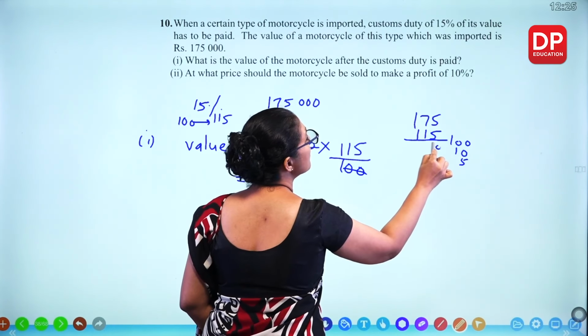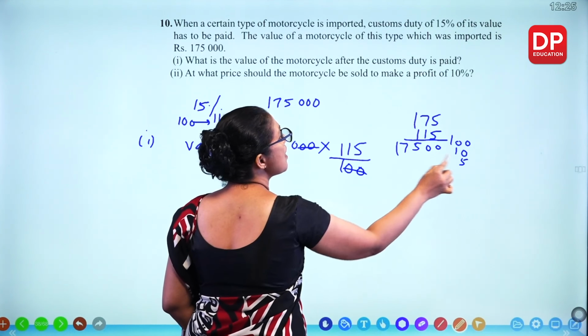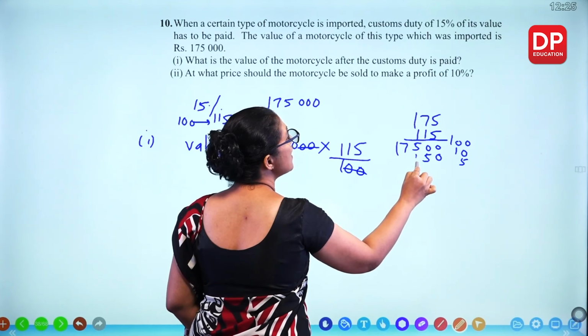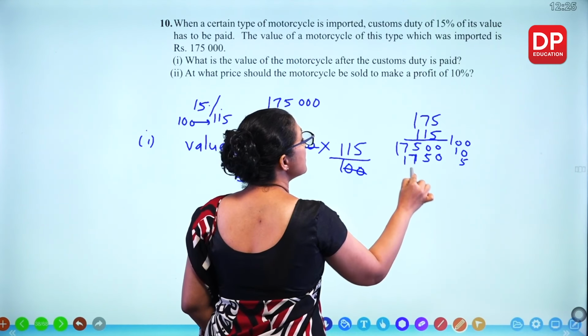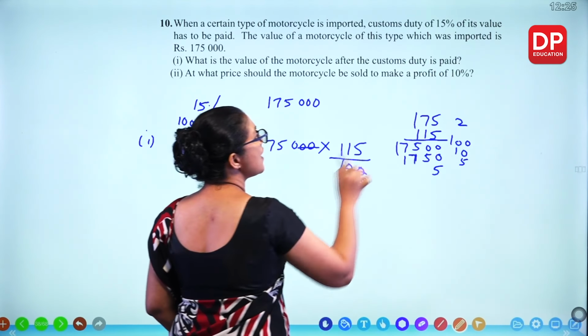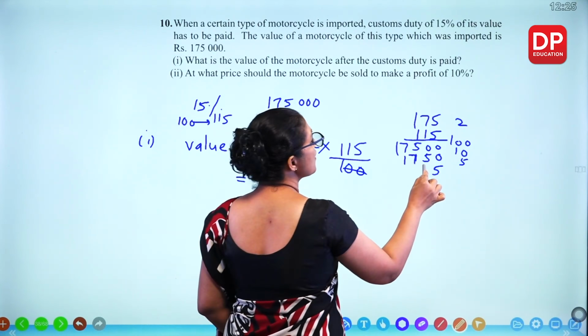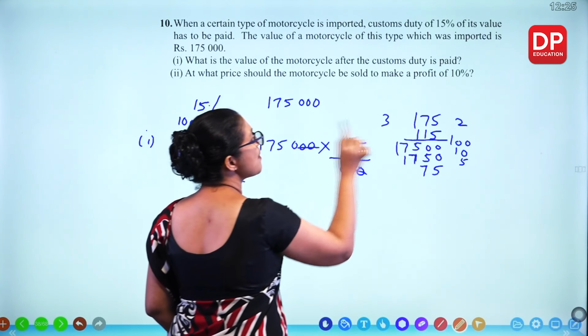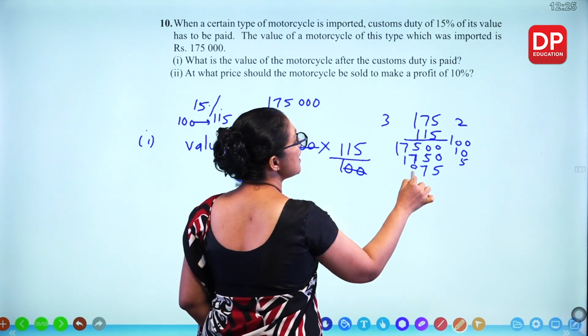First multiply by 100, multiply by 10 and then 5. 5 times 5, 25, 2 remaining, 5 times 7, 35 plus 2, 37, 5 times 1, 5 plus 3, 8.